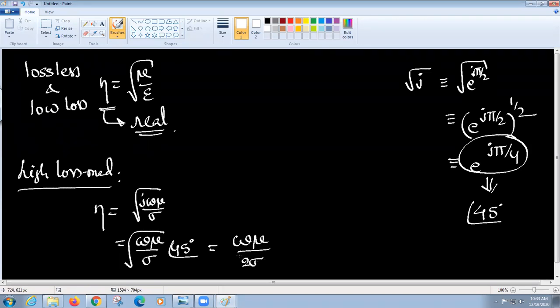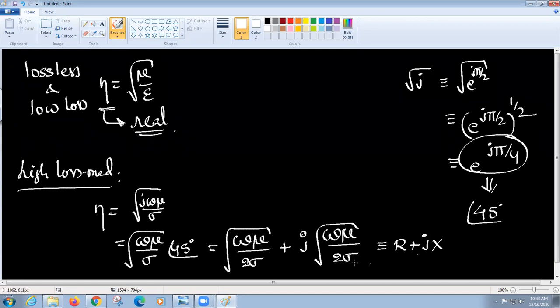So therefore you get this plus j omega mu by 2 sigma. It is something like r plus jx. So you have both real as well as imaginary parts. Otherwise, eta is complex.